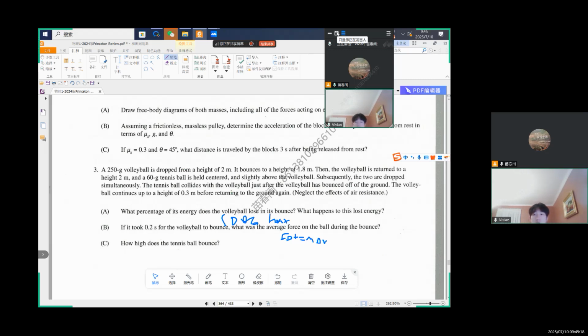So initial is 1/2, initial is 5 joules and 0.25 v squared.